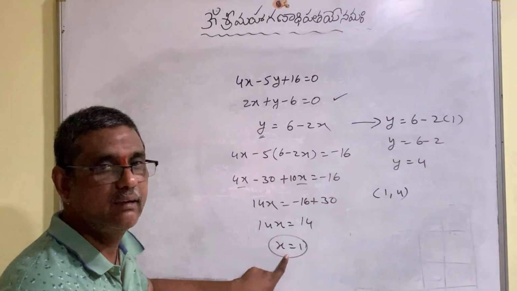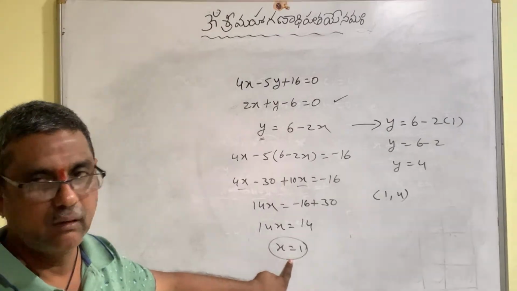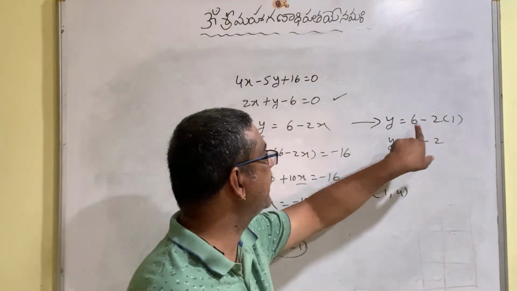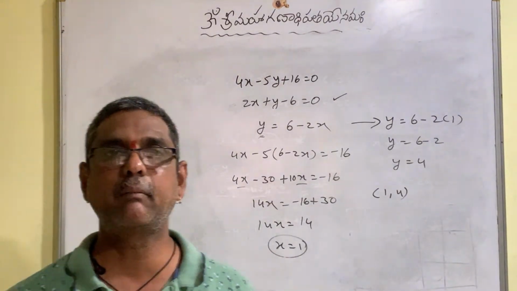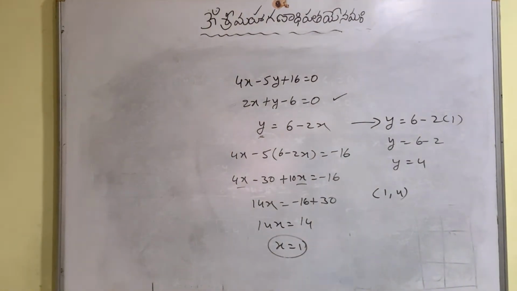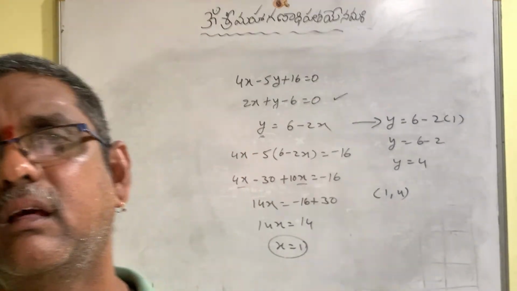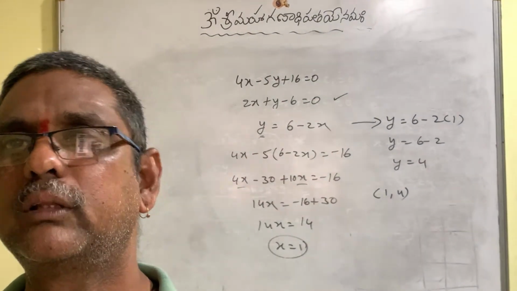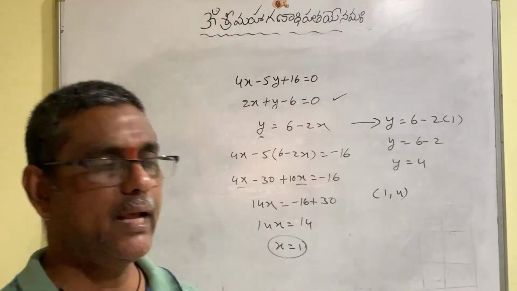Then after simplification, we get the x value as 1. When we substitute the x value in this equation, we get y as 4. So (1, 4) is the common solution. Yes, you can insert these values in both the equations. If you insert 1 and 4 in both the equations, they will satisfy. Okay?